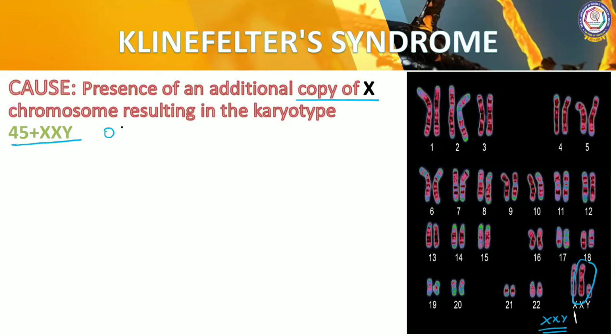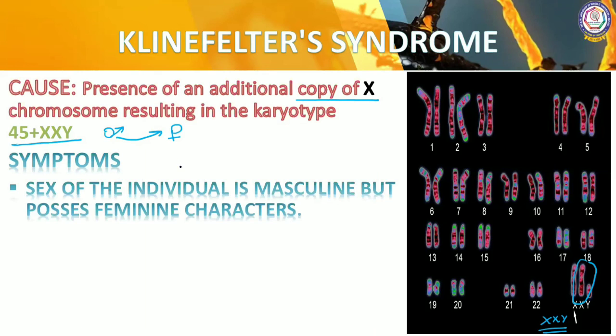He is a male, but will be transformed towards a female. Mostly he'll be having feminine behavior. So this type of gender you call transgender. We'll see the symptoms. Sex of the individual is masculine but possesses feminine characters.